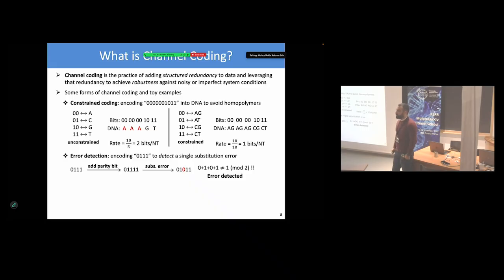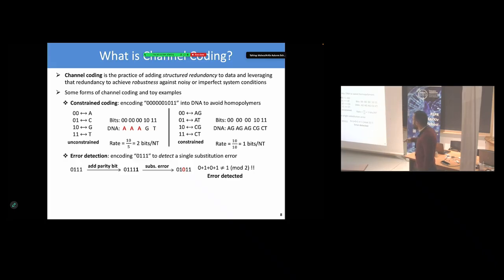The first 4 could be arbitrary, but the 5th one is fixed in terms of the first 4. So the 5th one is the sum of the first 4. Okay. And in this case, if you have one substitution error, wherever that error is, even in the parity itself, you can detect it. If you have 2 substitution errors, probably not. But this is why it's a single substitution error detection example.